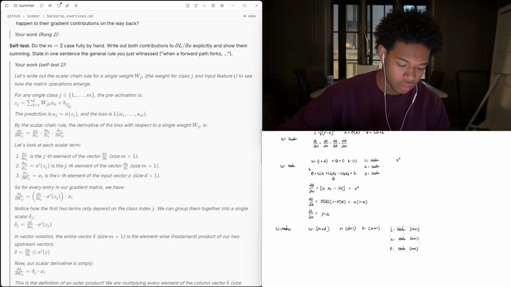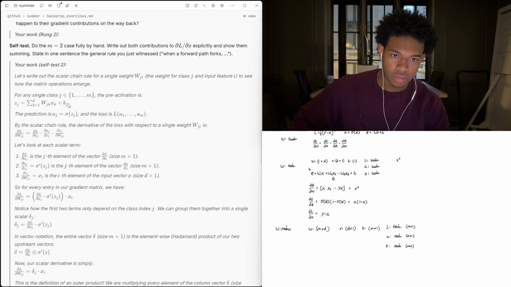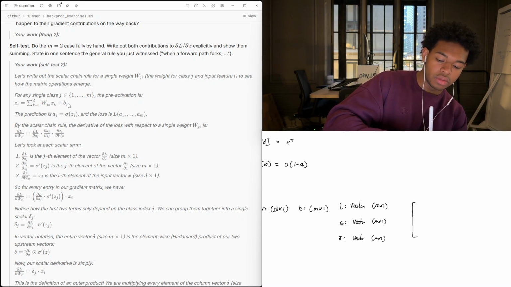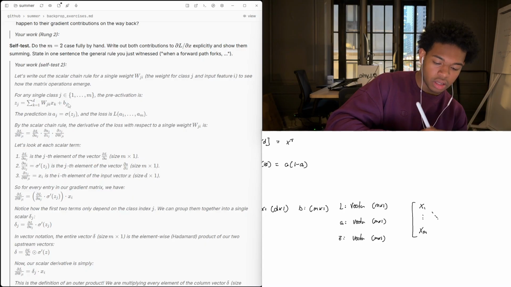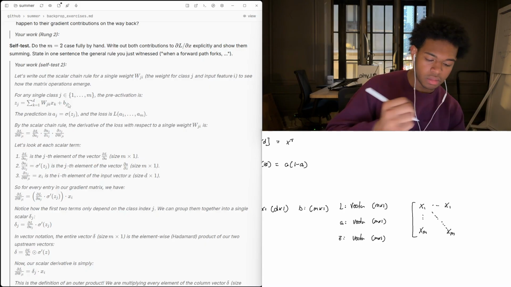In this case, it's not X transpose. For at least the partial of Z with respect to W, it's X1... XM.